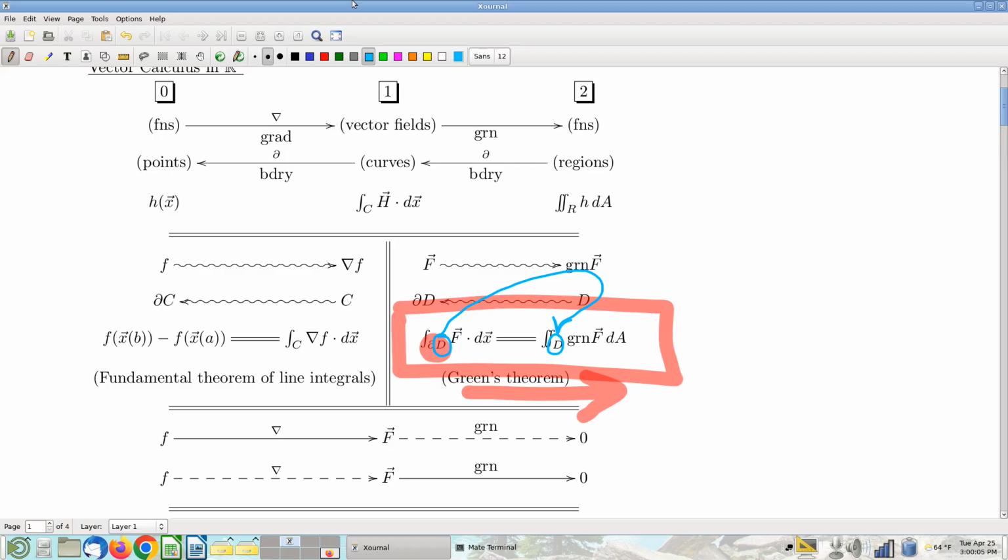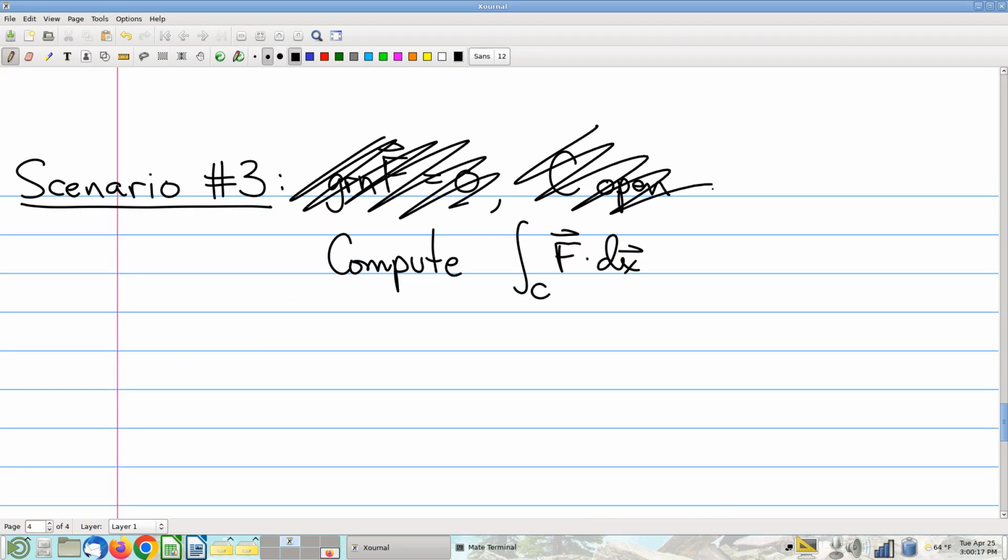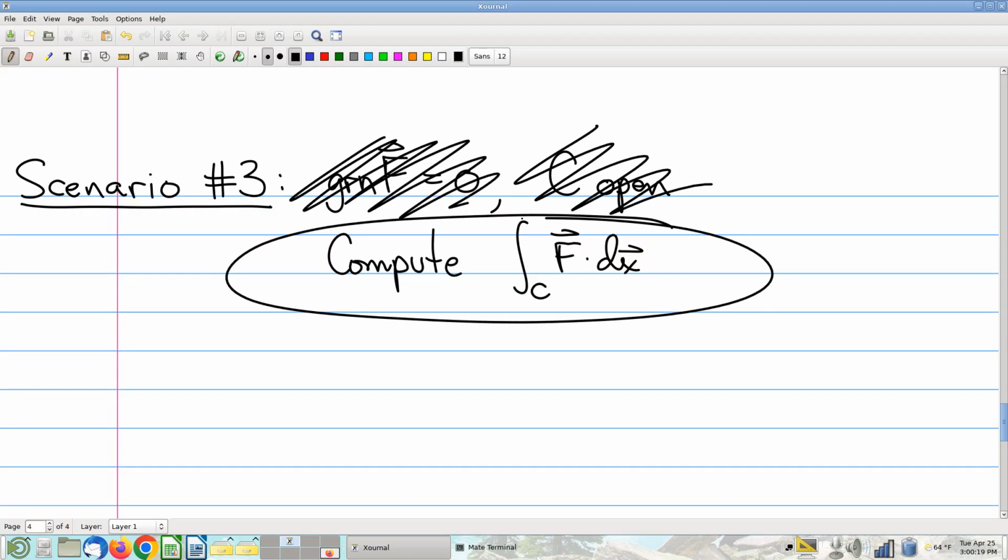So in that next scenario, here we go. And again, as a background, it's going to turn out that Green's operator is 0 and that the curve is open. But again, stated is just that we're computing a line integral in 2 dimensions. I should say here in R2.